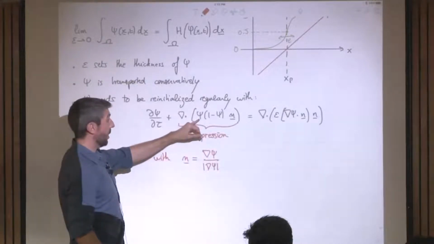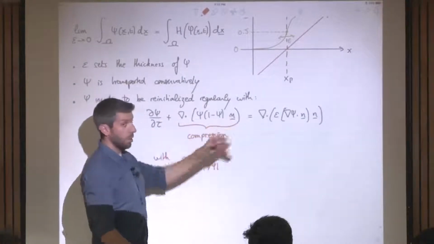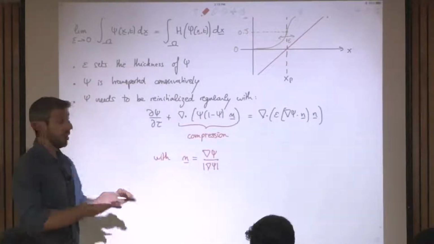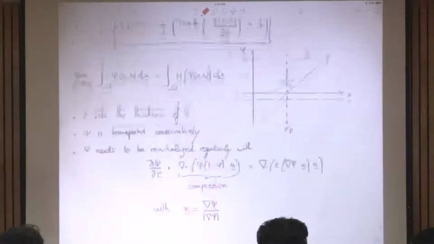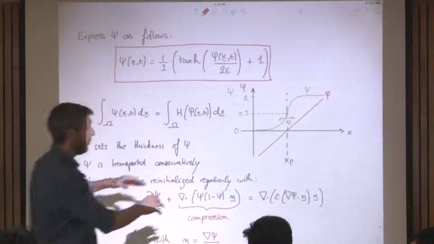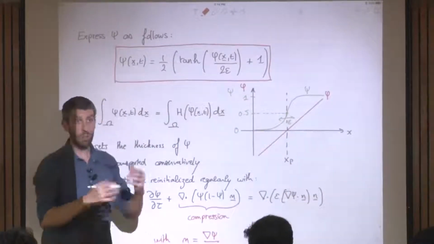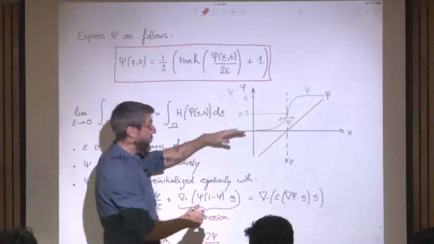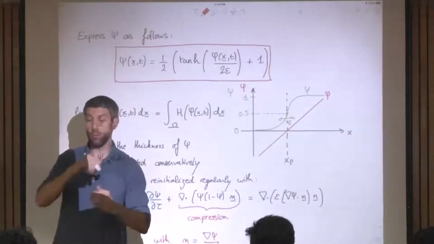Because wherever my psi is not 0 or 1, it will move mass up the normal vector. So it will take my green profile above here, and it will force mass to move up. So it will force my psi value to concentrate up. It will steepen the gradients. So this will act as a compression of my profile.